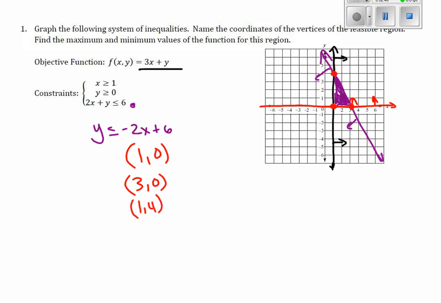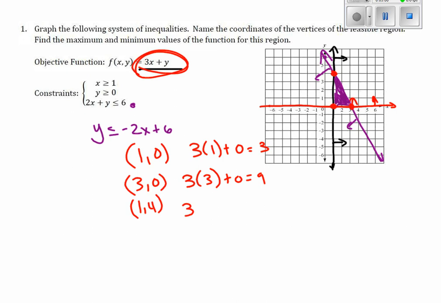Now what I do is put each one of those into my objective function and see what I get. This will be 3 times 1 plus 0, which will be just 3. This will be 3 times 3 plus 0, which will be 9. This will be 3 times 1 plus 4, which will be 7. So this one will be the minimum. This one will be the maximum.